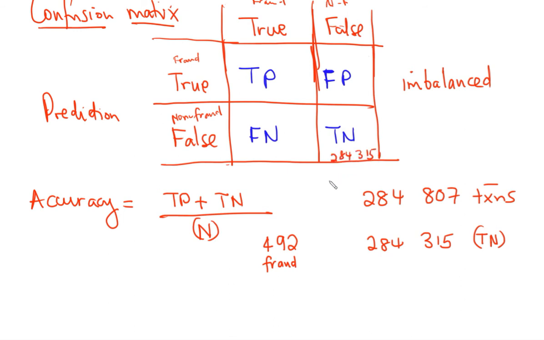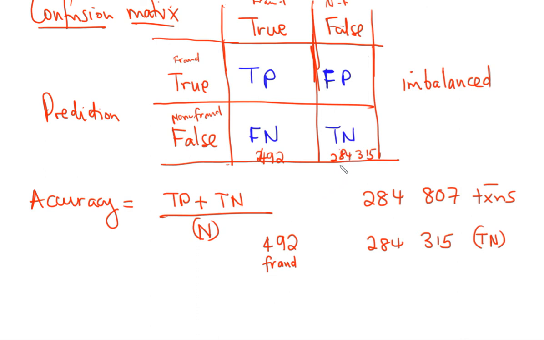True positive, you do not have any, because you forced every transaction to be negative. Your 492 is a false negative, because it's actually fraud.